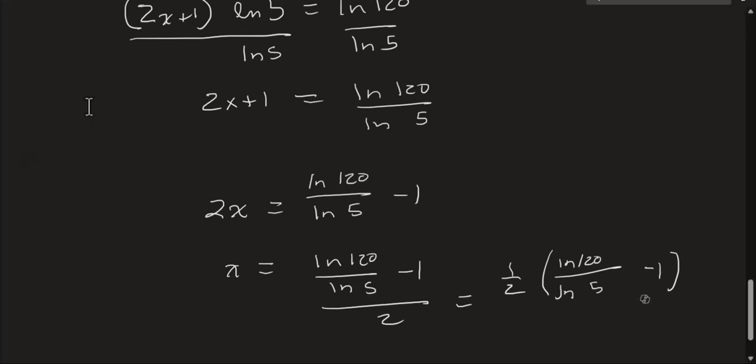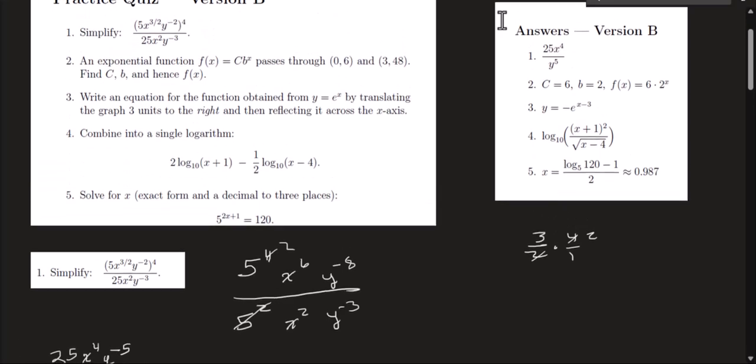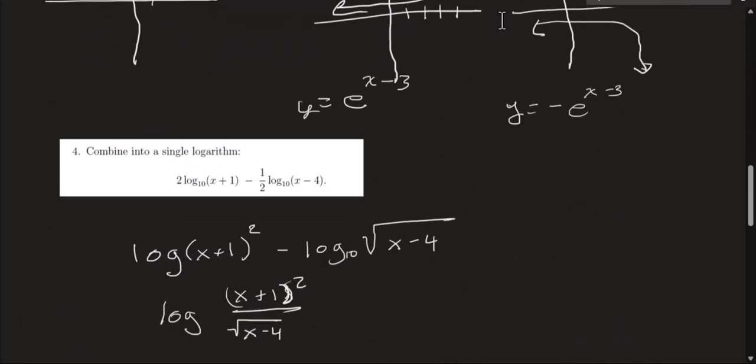And then, before I do that on a calculator, let me see if that is what they have. They use log base 5. I'll show you how to do that in a minute.